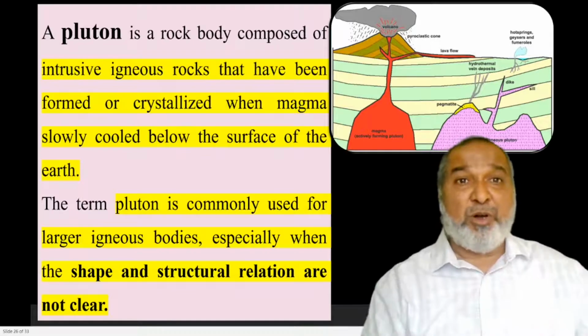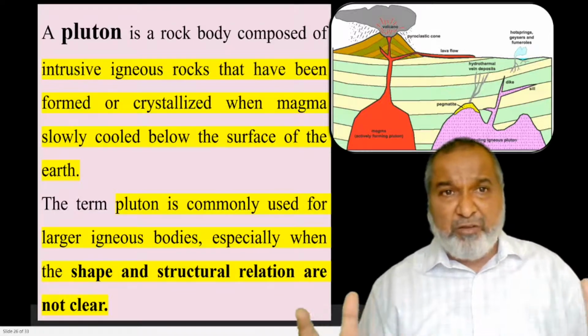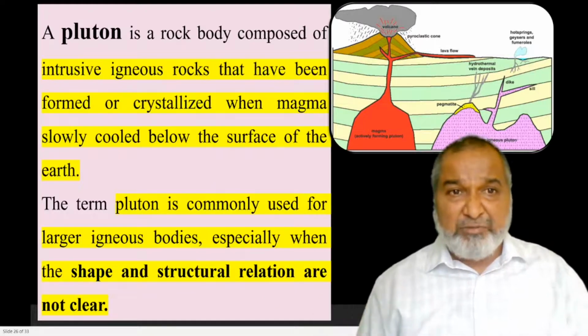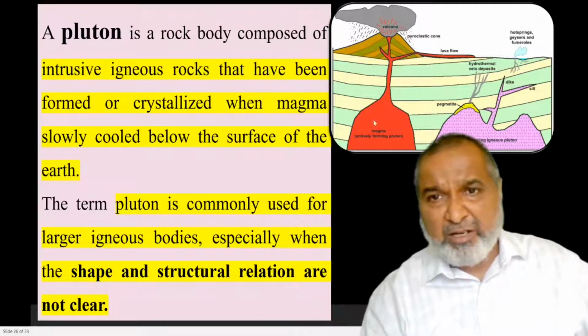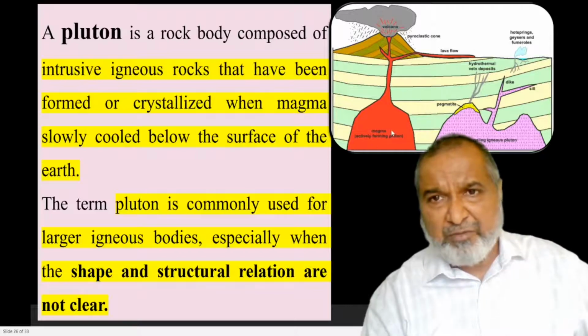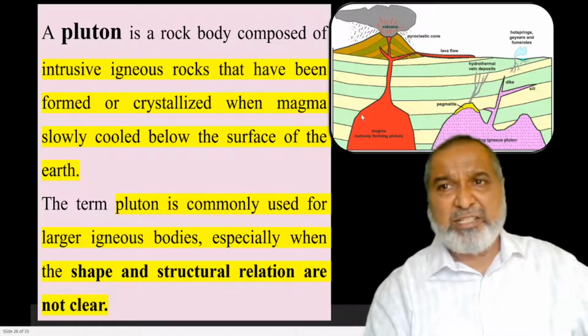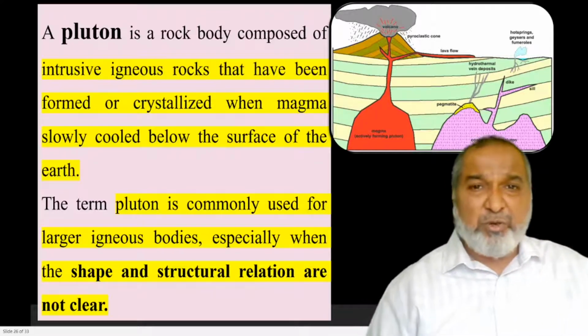Next one is pluton, a very important one. A rock body composed of intrusive igneous rock mass that has crystallized within the magma chamber. See here we have the magma chamber, and this magma crystallizes here itself, slowly, below the surface of the earth.